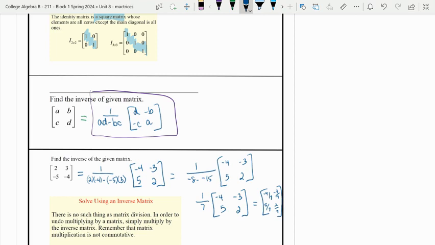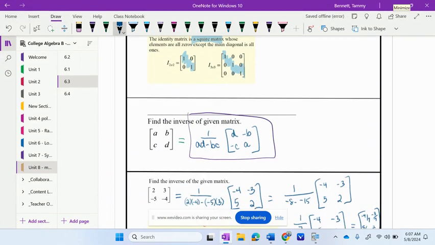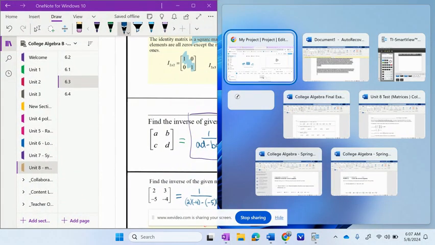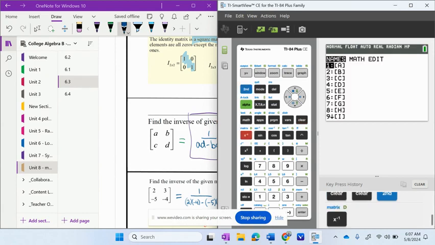Use your graphing calculators to double check that. So how you enter that in the calculator is you bring up your matrix. I'm going to put mine in matrix A. Enter on that.